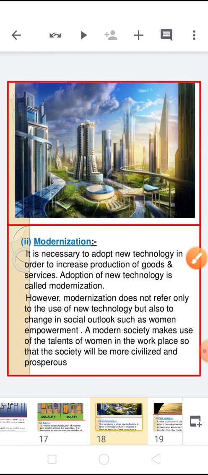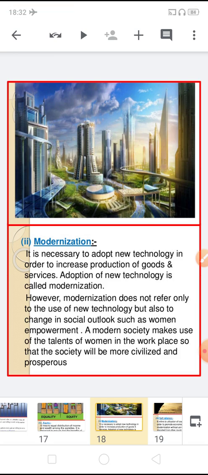Next we have modernization. So children, modernization refers to the updation and adoption of modern technology in the process of production. As noted earlier, output can be increased only either by increasing the pool of resources or by using innovative technology.